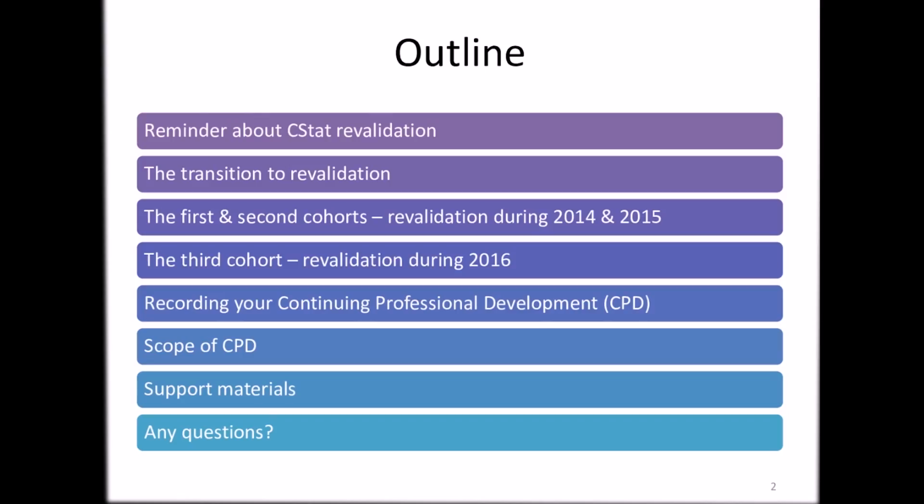And finally, we will cover the support materials that are available to help you with maintaining a record of your CPD, ensuring that your CPD is supportive to your career development and ensuring that you understand the requirements for revalidation.